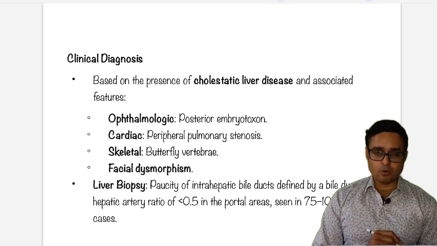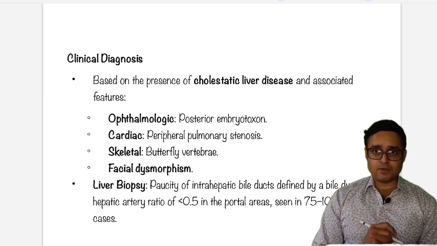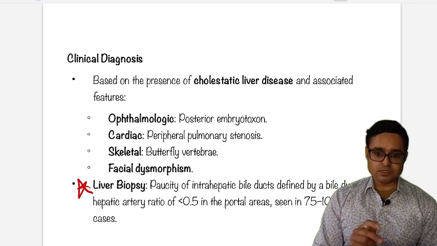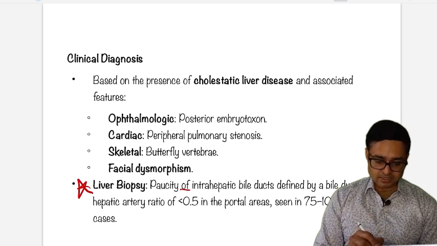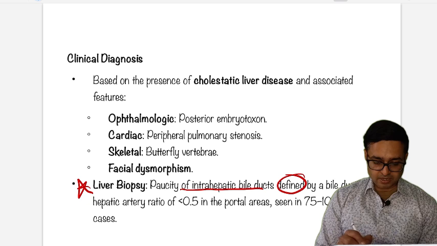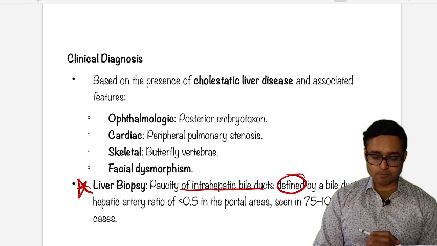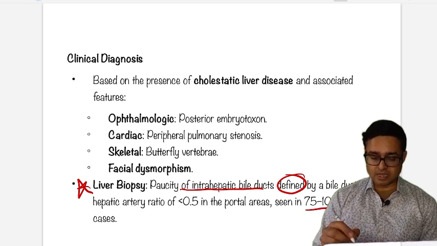That's fine. If you do a liver biopsy, that is very, very important. On liver biopsy, paucity of intrahepatic bile ducts, which is defined by bile duct to hepatic artery ratio less than 0.5 in the portal area, is seen in 75 to 100% of cases.